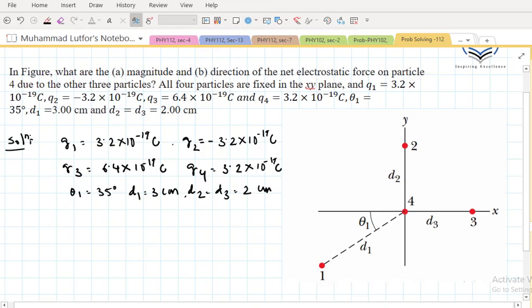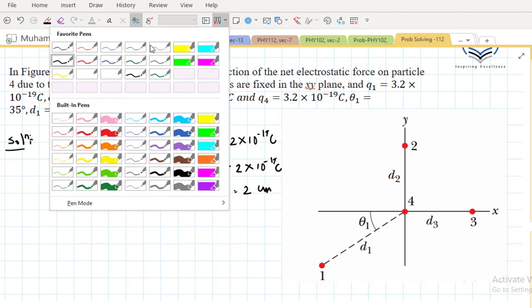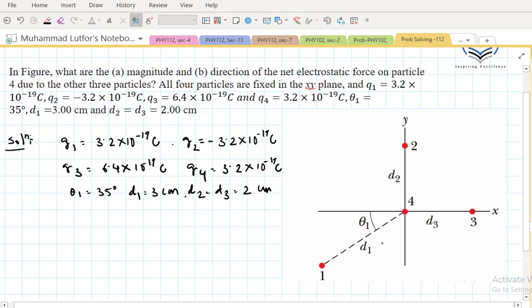Fine. So first of all, I'm going to draw the free body diagram for the forces acting on charge particle 4. Since there are 3 charge particles, 1, 3, and 2, creating force on charge particle 4, I'll draw the free body diagram first.